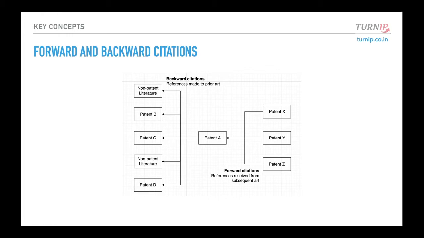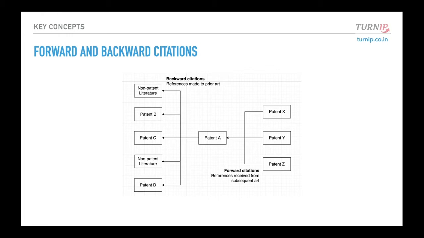So patent B, C, and D come in the past, and patent A has cited them. So these are backward citations, patent B, C, and D, in reference to patent A. Patent A, on the other hand, has received patent citations from future patents X, Y, and Z. So these are classified as forward citations.